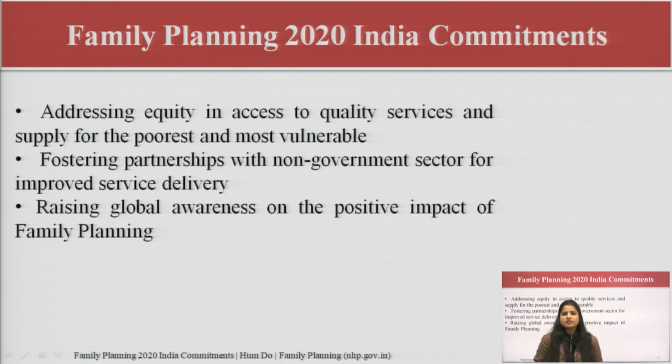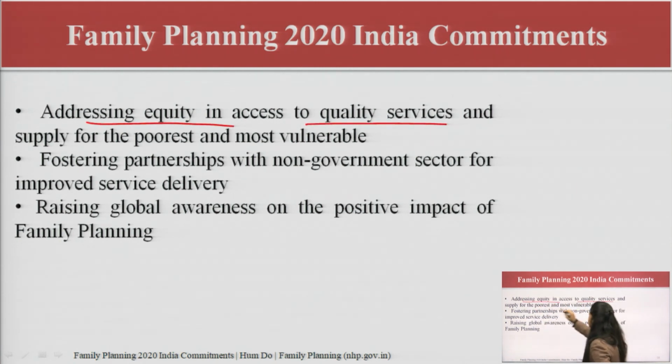I told you previously also, we require universal access, we require equity in quality services. Everyone should avail the same type of facilities, poor or rich, not on the basis of standards or any background. So, addressing equity in access to quality services and supply for the poorest and most vulnerable sections also.